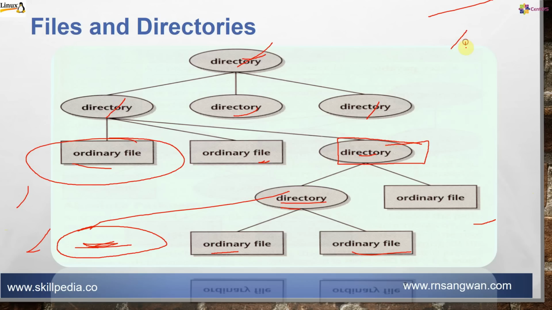So root, then this directory, and then this ordinary file. So wherever you are working, starting from the root directory, the absolute path, is always a possible and always correct way. However, sometimes you don't need to start the entire path from root, and it makes more sense to specify the path from the current directory itself.